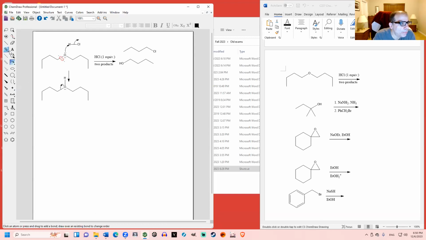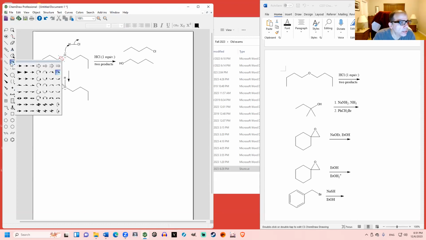But since this goes by an SN2 reaction, it goes by chloride attacking that carbon that has the OH on it. And both of those happen at the same time.